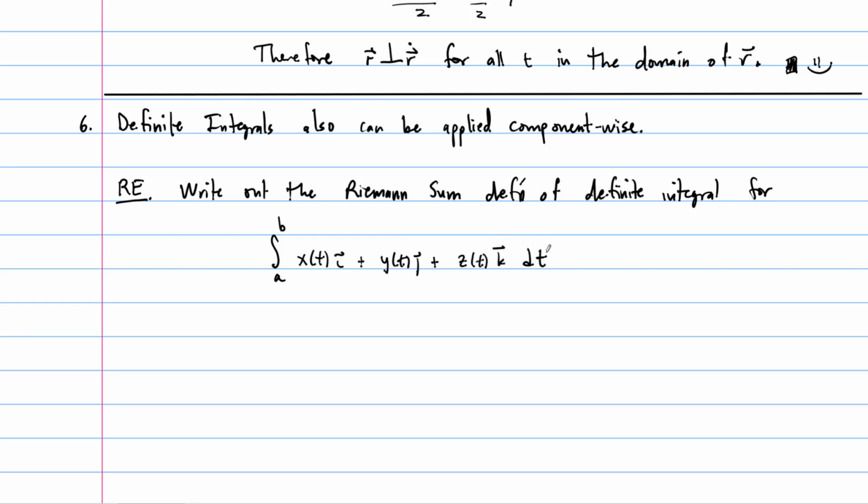All right, so there's an integral. So this is, by the way, the integral from a to b of r of t dt, if our vector function r is x i plus y j plus z k, right?